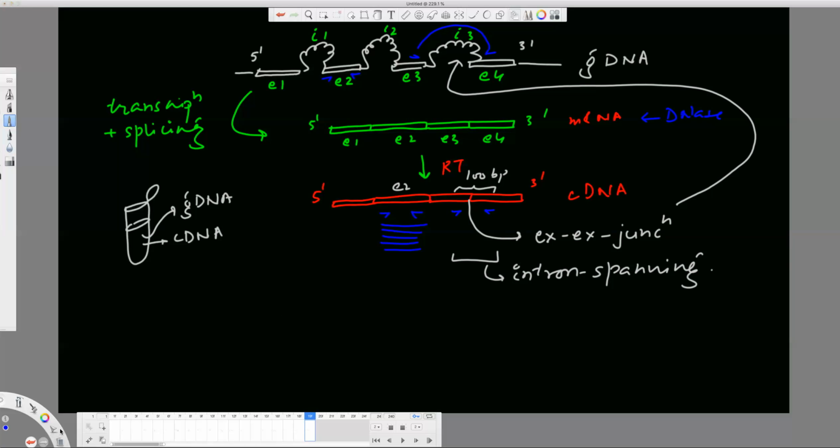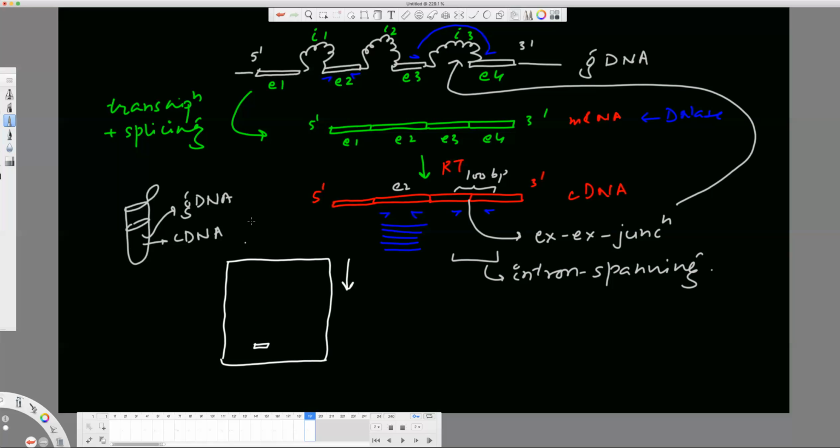Right, now this can be taken care of at another level. For example, you can run gel electrophoresis, and your cDNA, since it is smaller at 100 base pair, will come somewhere here, because it runs faster. I'm running the gel in this direction.